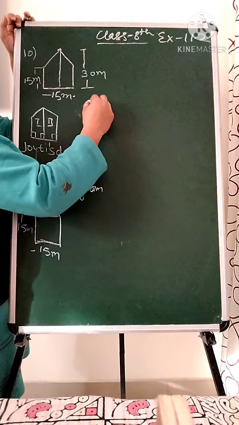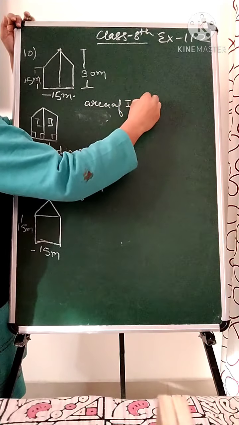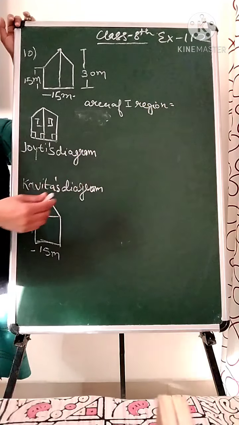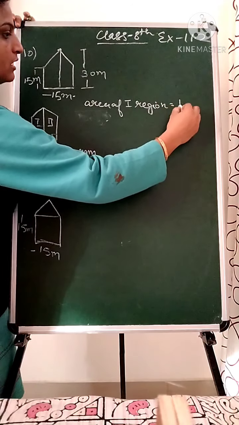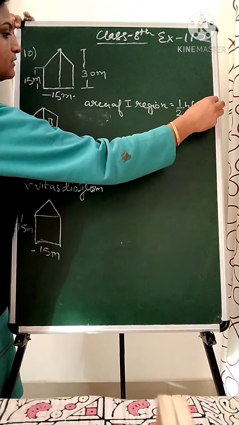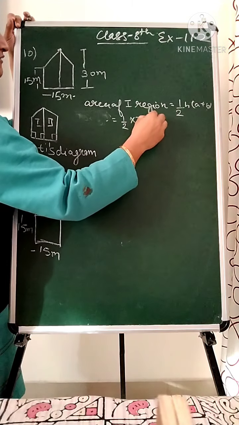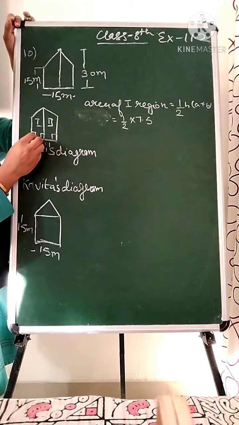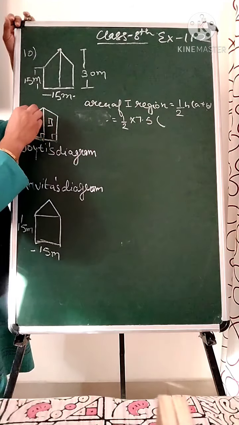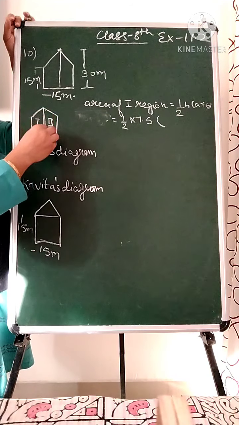Area of first region is in the shape of right angle trapezium. What is the formula? 1 by 2 height into (A plus B). Clear? What is the height? Height is 7.5. This is the height. Then the parallel sides: these two sides are parallel.